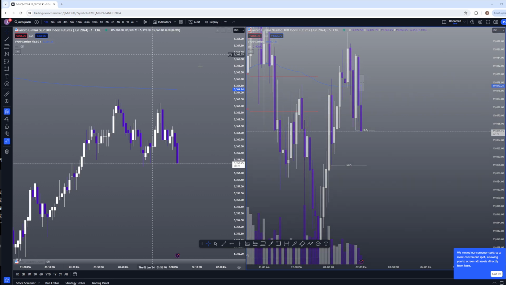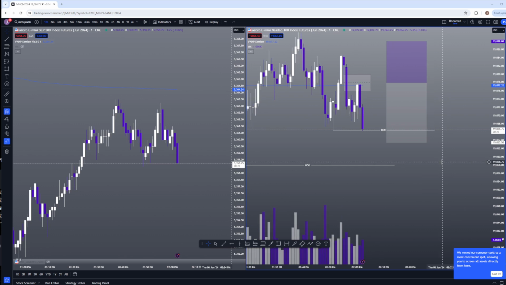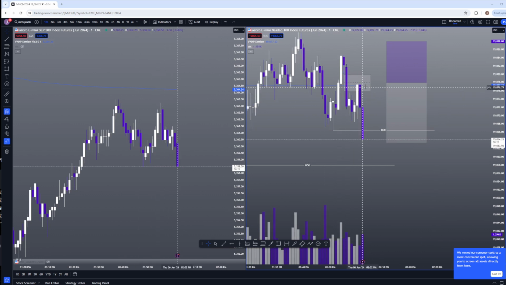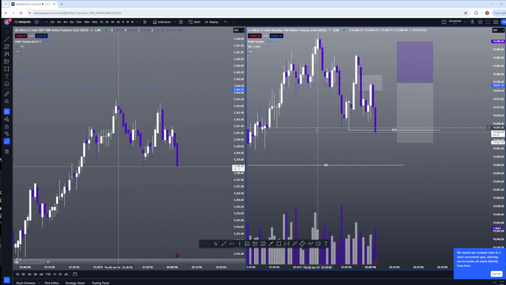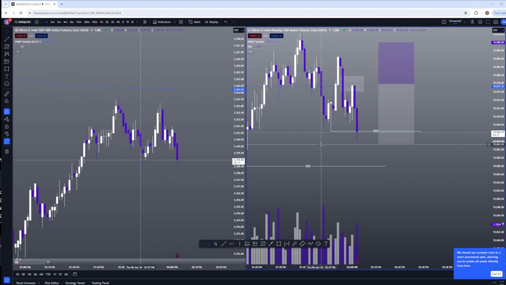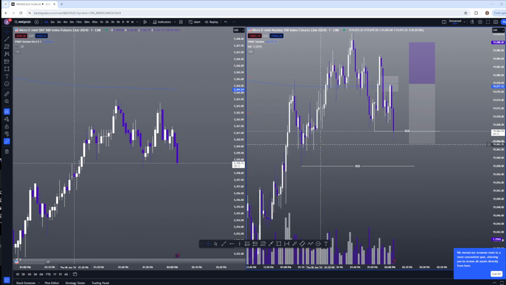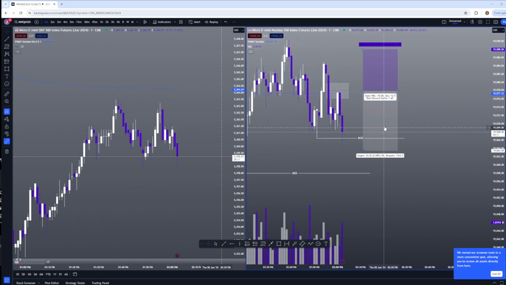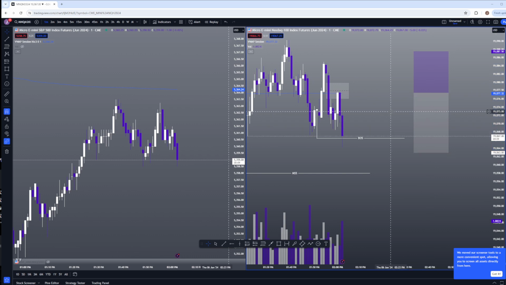Let's see if we can get another break of structure here. We're expecting that 1 minute fair value gap up here. Trying to break structure again. Let's see how this 1 minute candle closes.